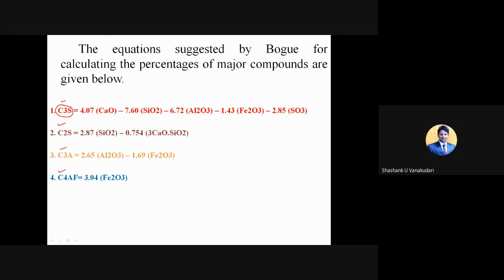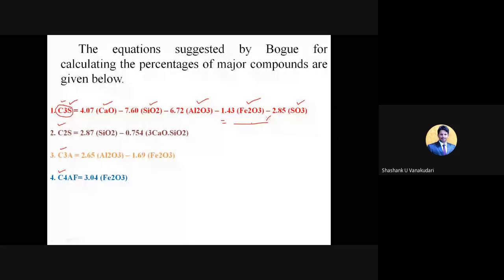So once you substitute all the percentages in this equation, that is calcium oxide, SiO2, Al2O3, Fe2O3, and SO3, you will come to know the total percentage of tricalcium silicate in the cement. Okay, so it comes in terms of percentage.